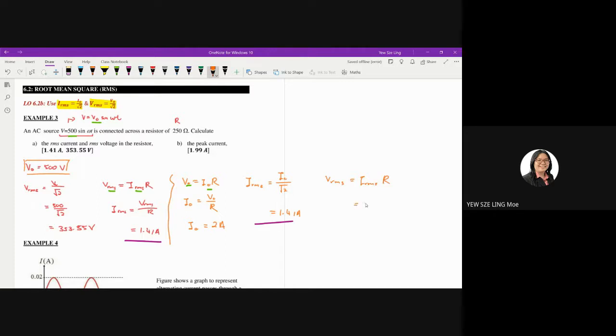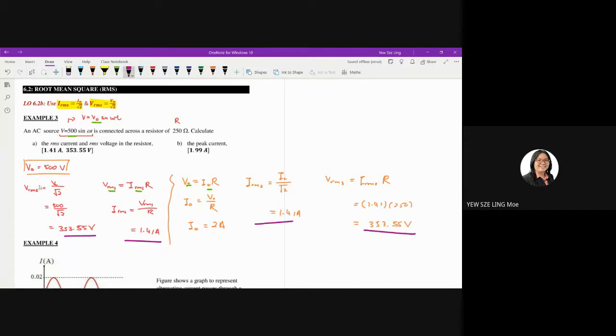So it equals 1.41 times 250, which is 353.55 volt. It is up to you which combination you want to use.